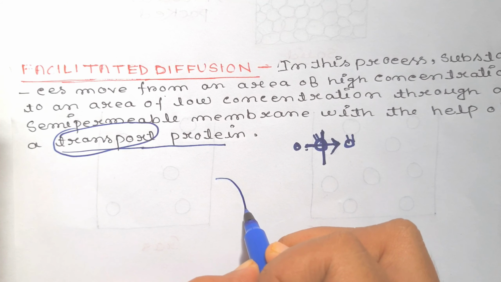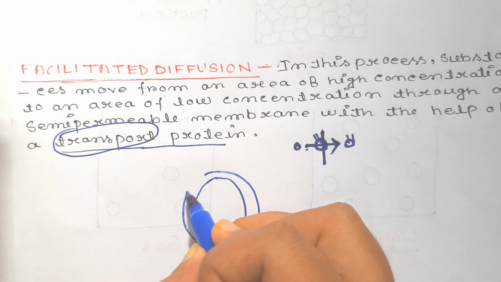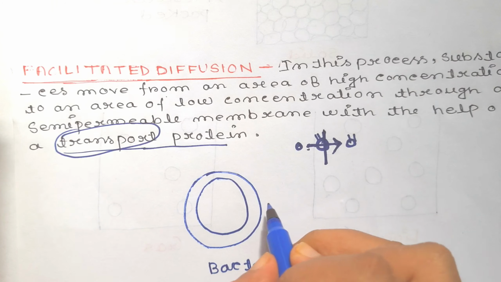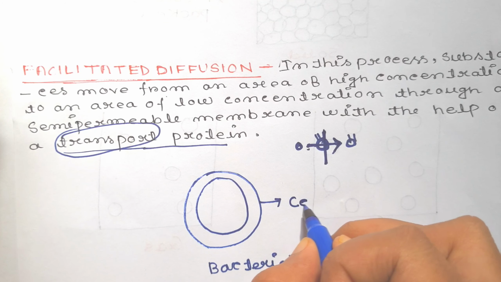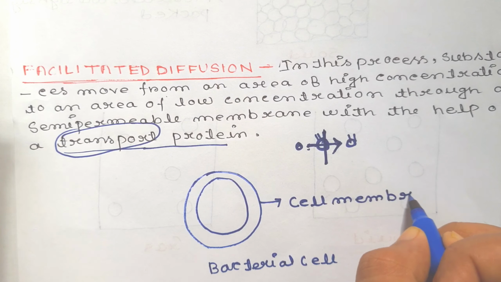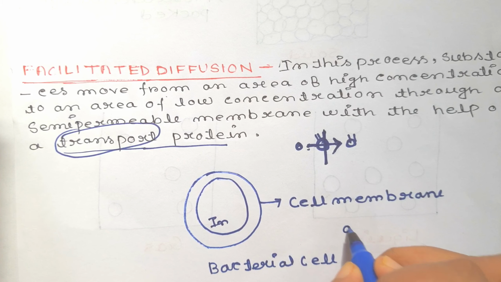Think this is a cell. This is a bacterial cell and this is the cell membrane. Now this is inside and this is outside.